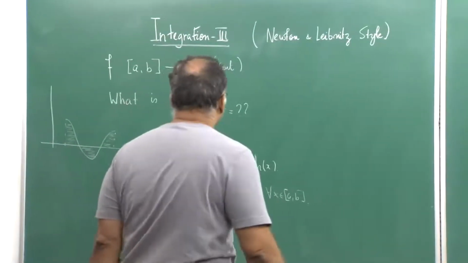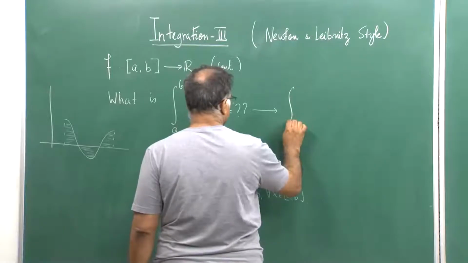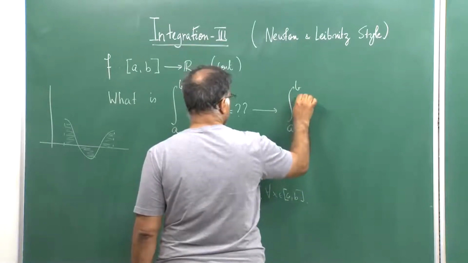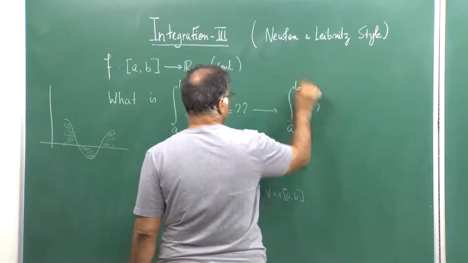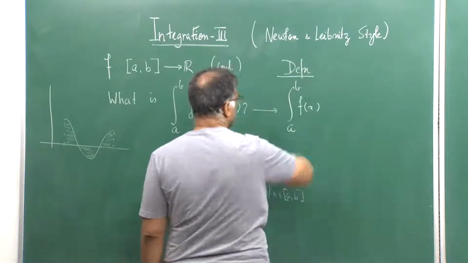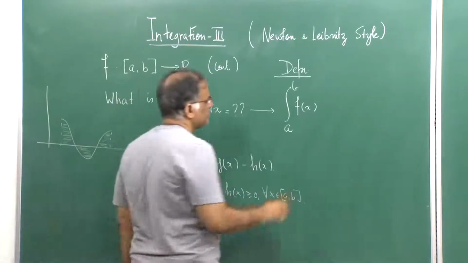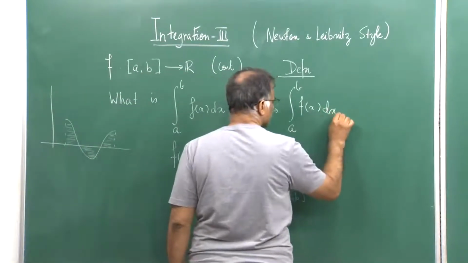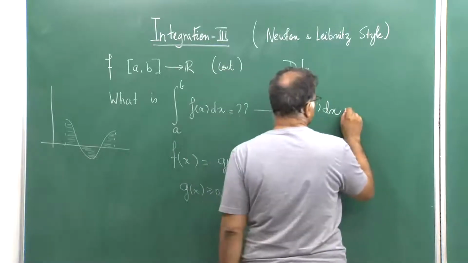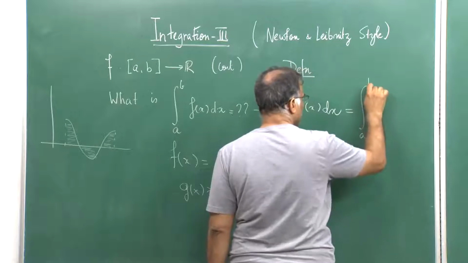So these are non-negative functions, you can always do that. And the integral from a to b of f(x) dx, this is the definition, is given as the difference of these two integrals.